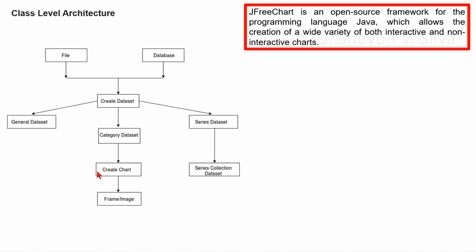Here you can see class level architecture. The basic class level architecture represents how various classes present in JFreeChart library interact with each other to yield various types of charts. The file represents the user input used for creating a dataset.